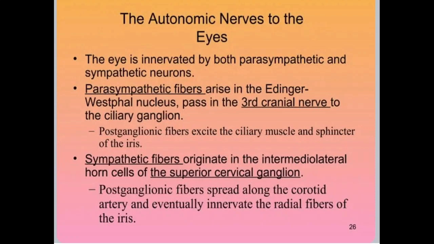The parasympathetic nervous system also decreases the tone of the ciliary muscles, which allows the lens to become more rounded for near vision. Therefore, the autonomic nervous system plays a critical role in regulating the functions of the eye, including the size of the pupil and the shape of the lens.